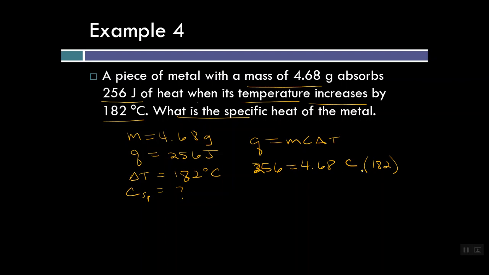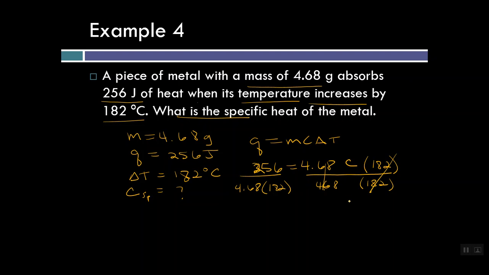Okay, even though these are in different order, remember multiplying is commutative, so I can just divide by 4.68, that goes away, and by 182. All right, so these will be multiplied together.